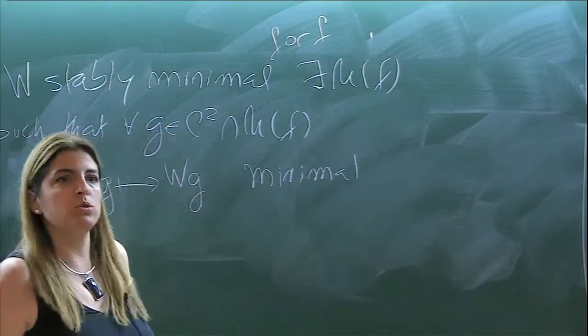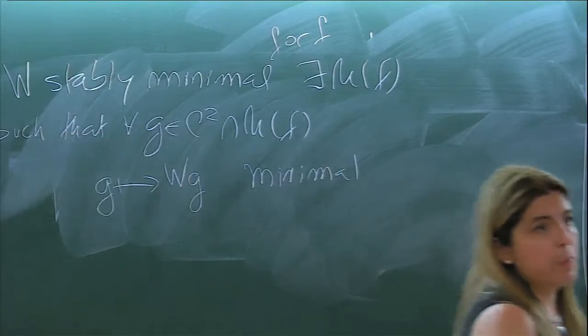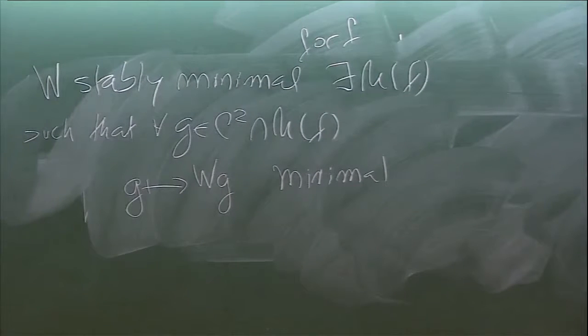So all C2 diffeomorphisms which are C1 close contain a stably minimal foliation, which is expanding.